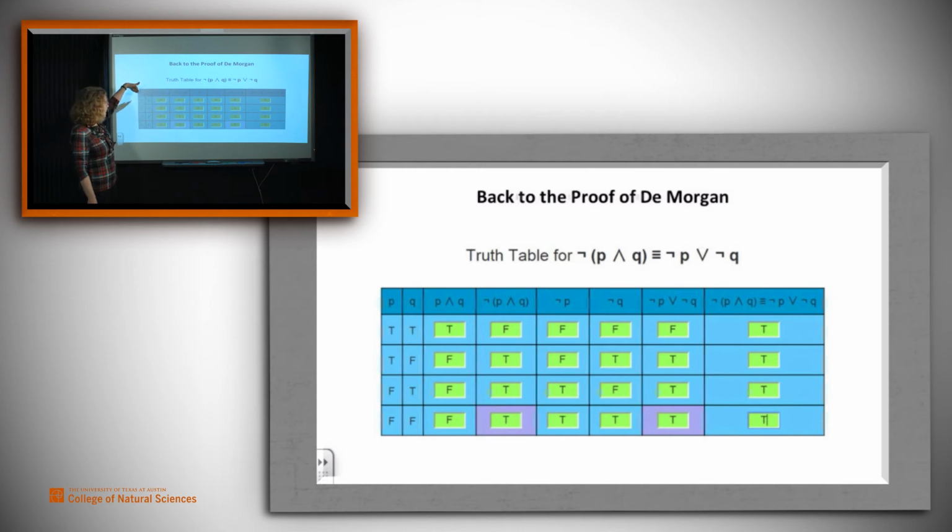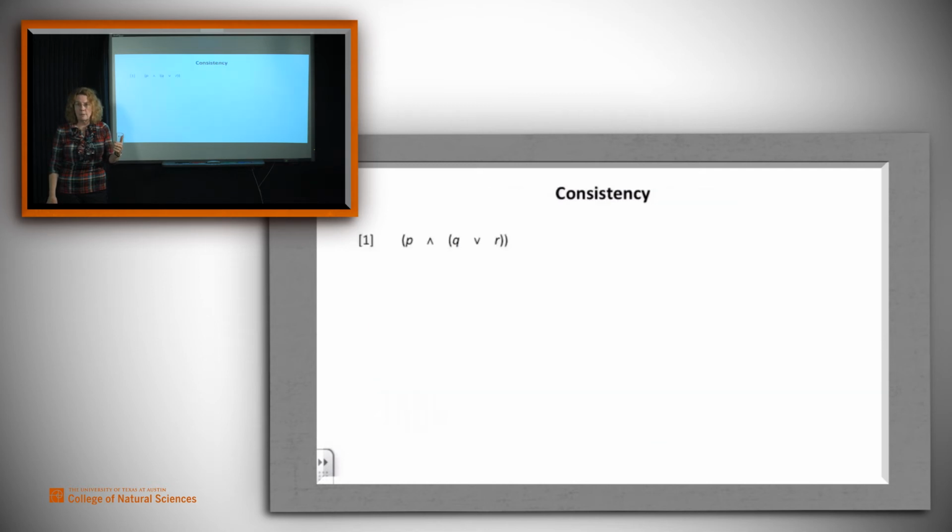As long as I change all the values along the top row consistently to mean pick up the value from the first column, pick up the value from the second column, then I'm going to get the exact same result. It really didn't matter what color or shape or name I gave to those columns. That's why we have a proof of the general claim for any expressions that De Morgan holds.